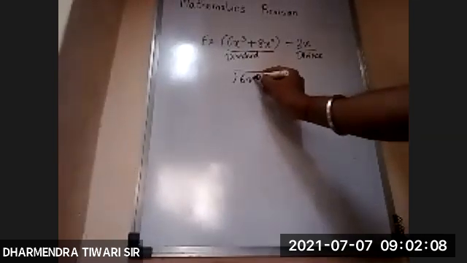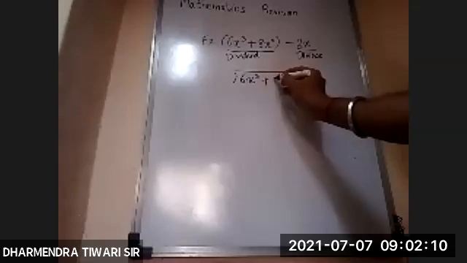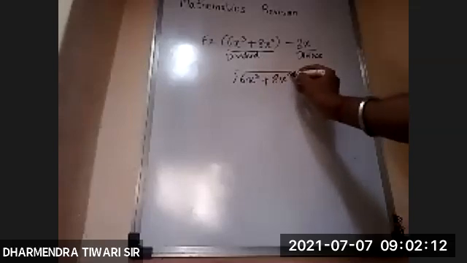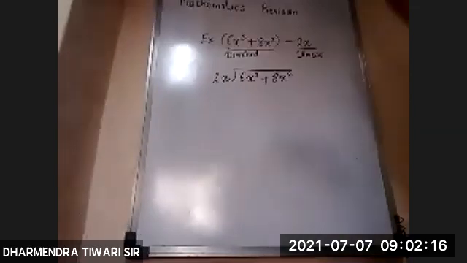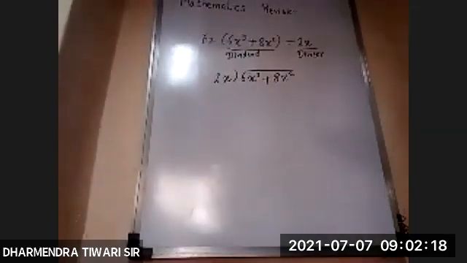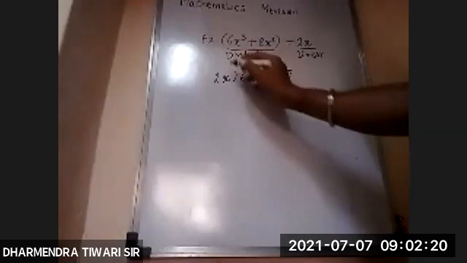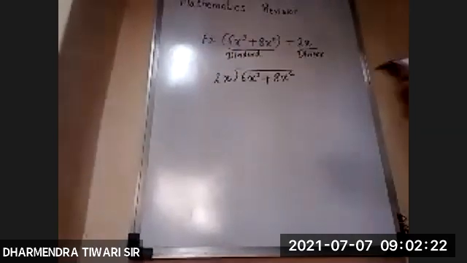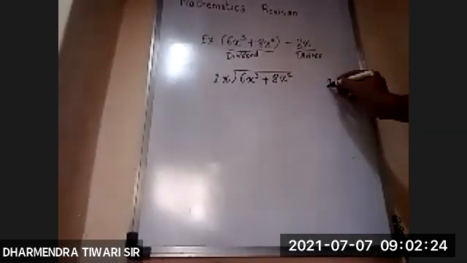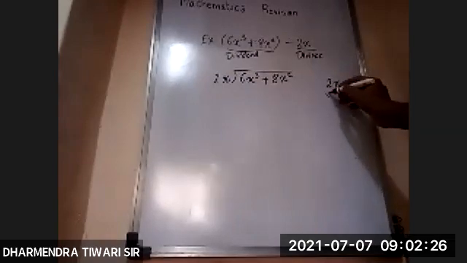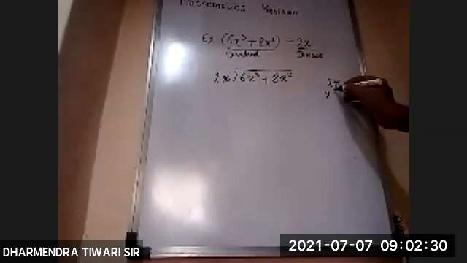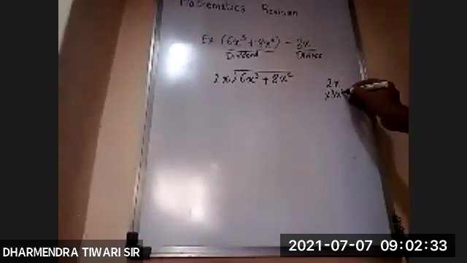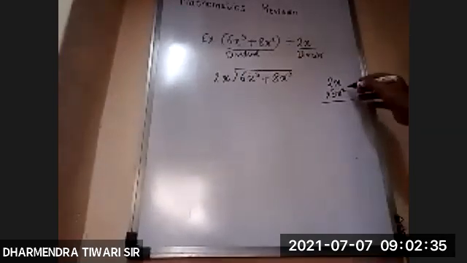We're having 6x cubed plus 8x square. And here what we are having? We are having 2x. Now what should be multiplied to 2x to get 6x cubed? Let's try this. When 2x is multiplied to, say, 3x square, what will happen?